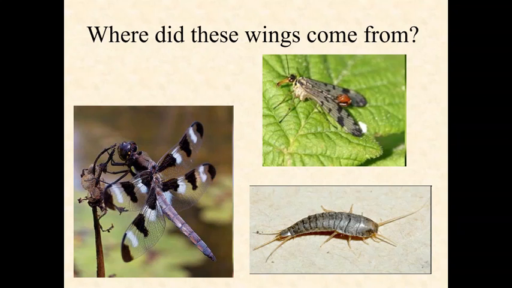So notice that when we compare insect wings to the non-flying insects, whether fossils or the living relatives of the earlier non-flying insects, and try to make homology comparisons, we have three pairs of legs in the non-flying insect and three pairs of legs in the flying insects. We have a head and then a three-segmented thorax. We have a head and a three-segmented thorax.